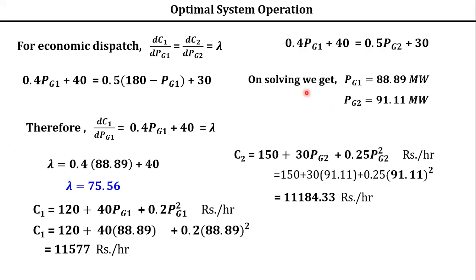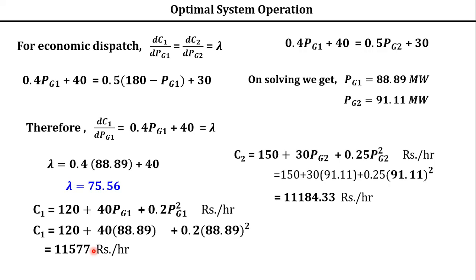In this quadratic equation, substitute PG1 equal to 88.89. Just calculate it and put the value whatever you are getting, because even Shanti Prasad said the same thing, and Abhishek is also saying the same answer. So I'll go with that answer, 5255.88 for C1. Okay, fine, so that I will be taking.